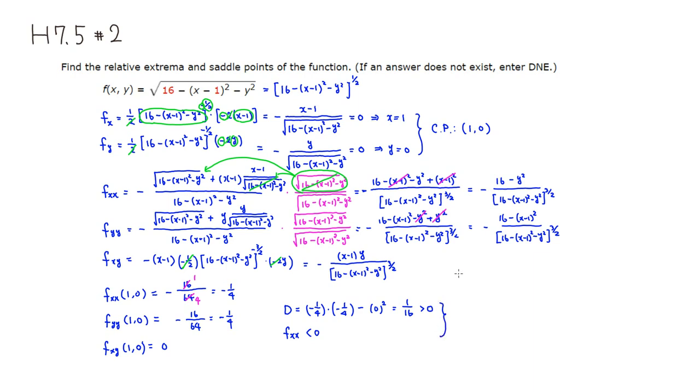D positive indicates a bowl shape, and the second partial being negative means the bowl is facing down. So this tells you that the critical number is a local maximum. So f of (1, 0) is a relative maximum.